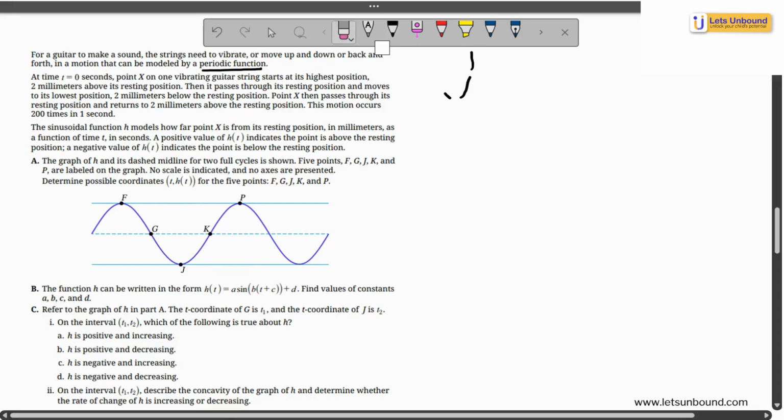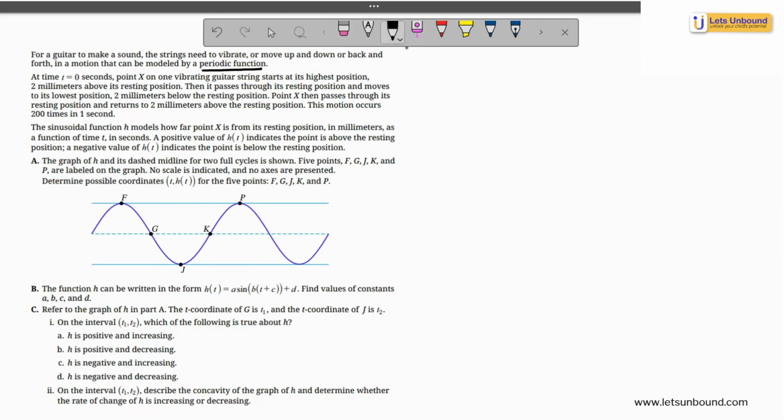That's why it's a sinusoidal function, because it's following a periodic motion, going from its highest point to its resting point, then again its lowest point, again to its resting position, and again to its highest point. The information that we get here, apart from it being a periodic function, is that the lowest and the highest positions are 2 millimeters below the resting position and 2 millimeters above the resting position.